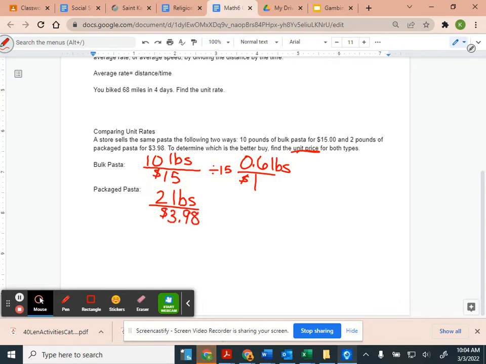So what do I have to do to turn that into a unit rate, Will G? Divide it by 3.98. I need to get a 1 for my denominator, so I'm going to divide it by 3.98. So I get $1. And how many pounds can I buy for that dollar?